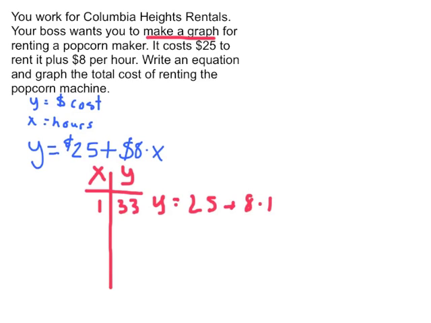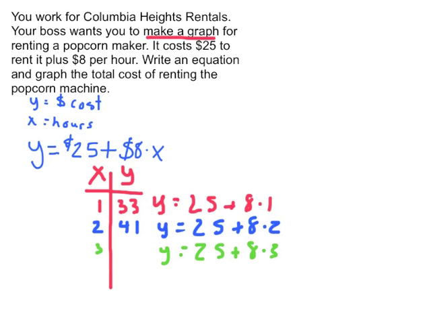If we rent the machine for 2 hours, y equals 25 plus 8 times 2. 8 times 2 is 16, plus 25 is 41. If we rent it for 3 hours, y equals 25 plus 8 times 3. 8 times 3 is 24, plus 25 is 49.